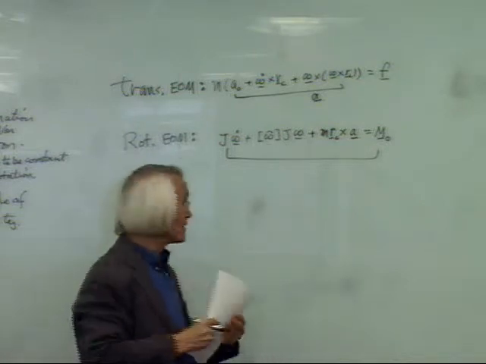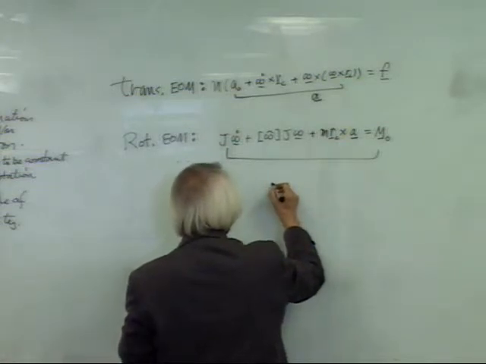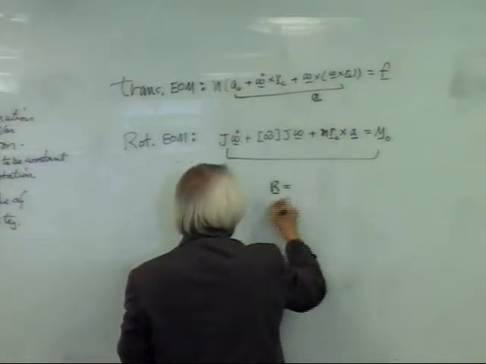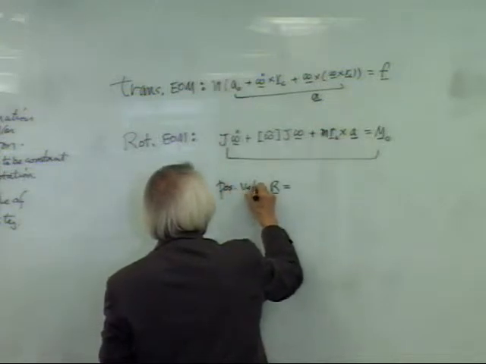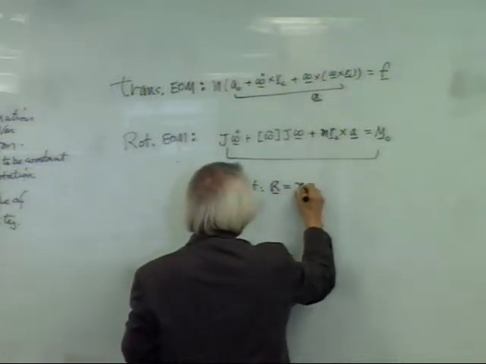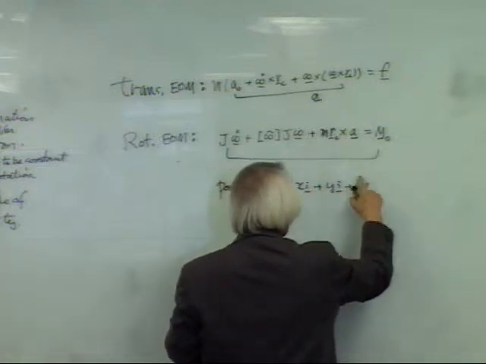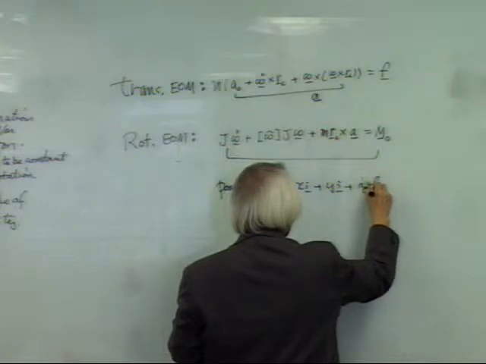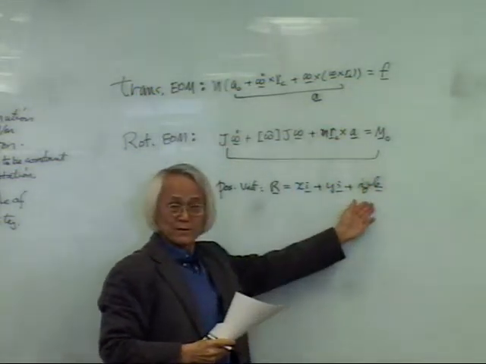The reason is in the translation equation, say R, which is a position vector, is simply xi plus yj plus zk, something like that. In other words, they are vectors.